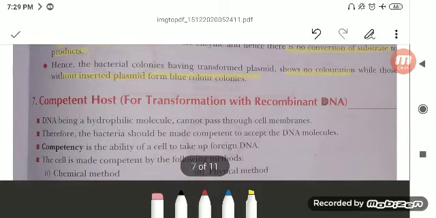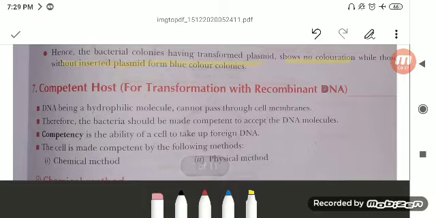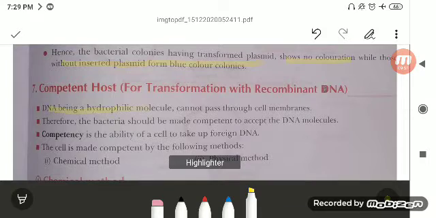The next is the competent host for transformation of recombinant DNA. We know that DNA is a hydrophilic molecule and cannot pass through the cell membrane, because the cell membrane is made up of phospholipids that are hydrophobic.